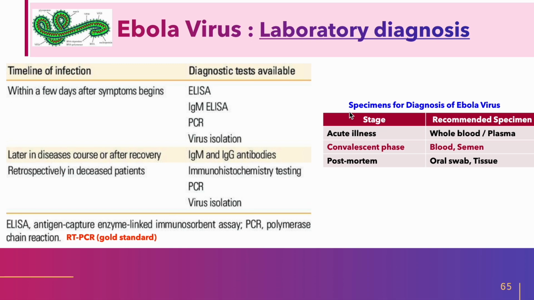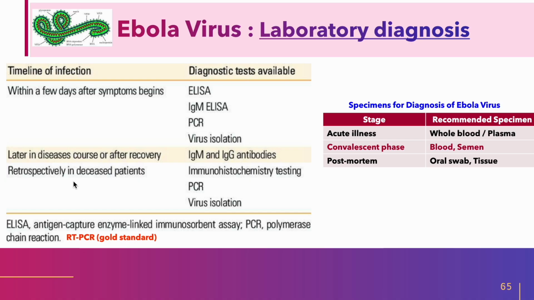Okay, for the laboratory diagnosis, RT-PCR is still the gold standard. Within a few days you can use ELISA IgM, PCR, or virus isolation. For later in the disease or after recovery, you can detect IgM and IgG antibody.